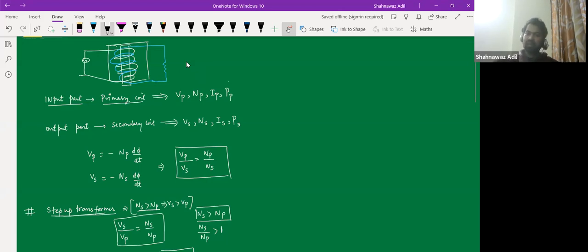Then you connect these transformers. Let's say at some power station, from the generators, you are getting some 11,000 or 33,000 volt supply, and then there are transformers at a particular area.